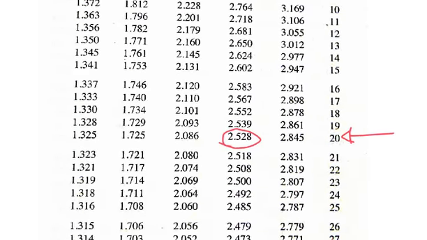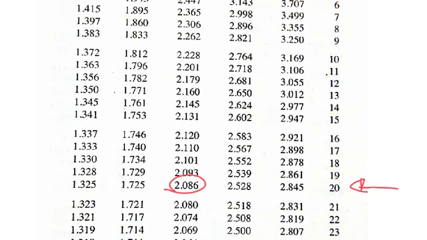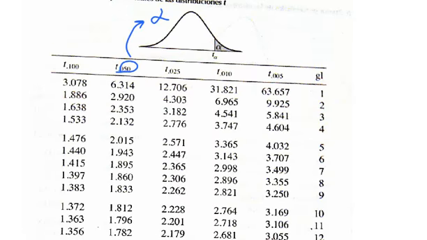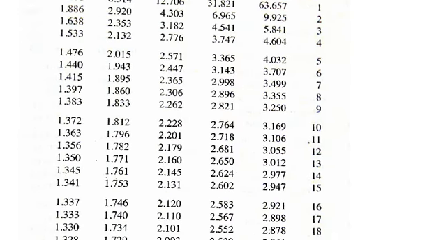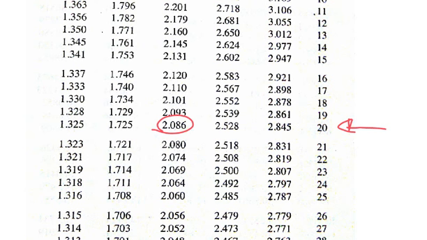No, actually the column here is this one, with these degrees of freedom. So if I take a look here, you could see that this is the alpha that we need. So we have here the value of t, it's 2.086.